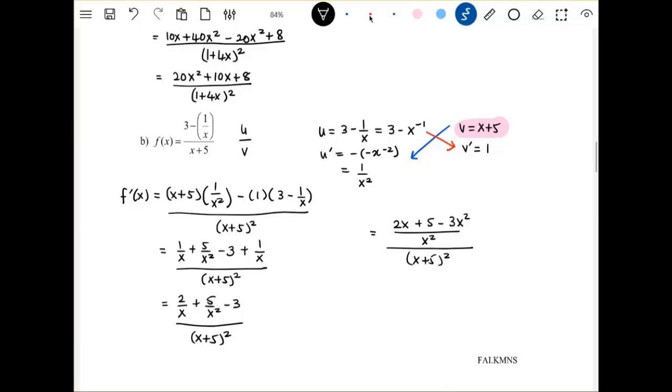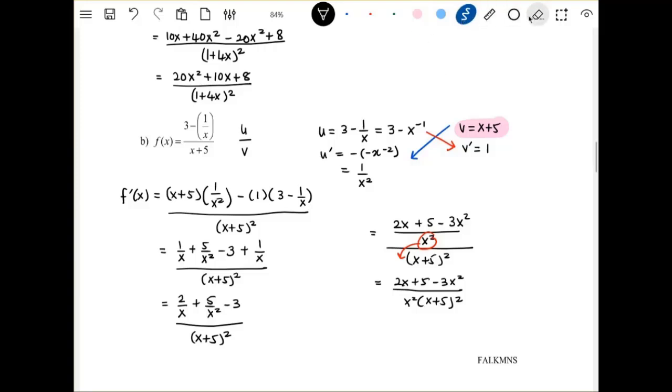So yang ini kita boleh bawa turun ke bawah. So kita akan dapat 2x tambah 5 tolak 3x square per x square x plus 5 square. Okay. So that's our part B.